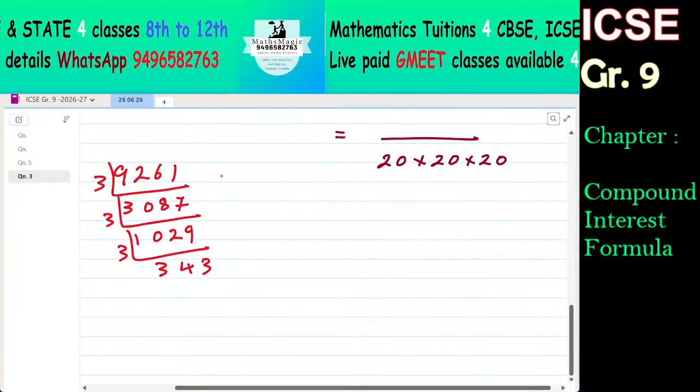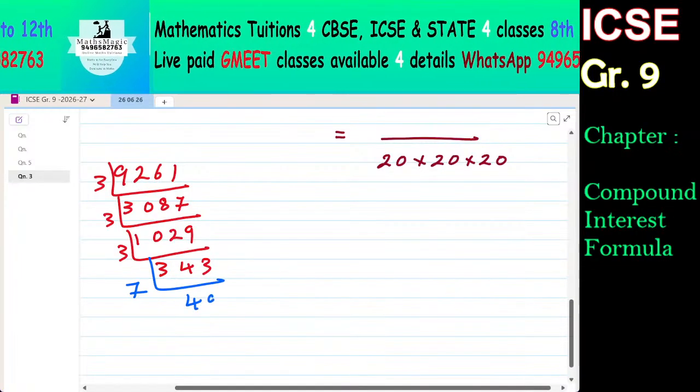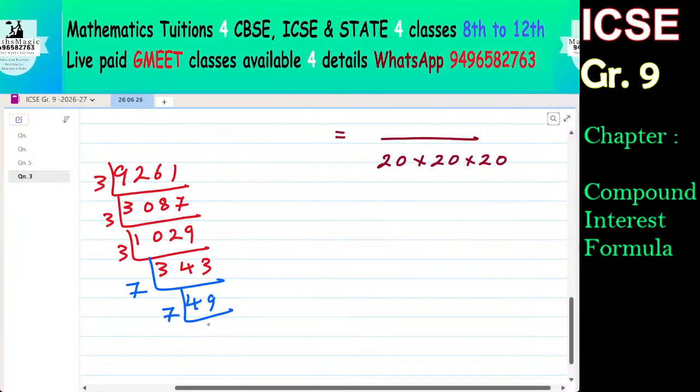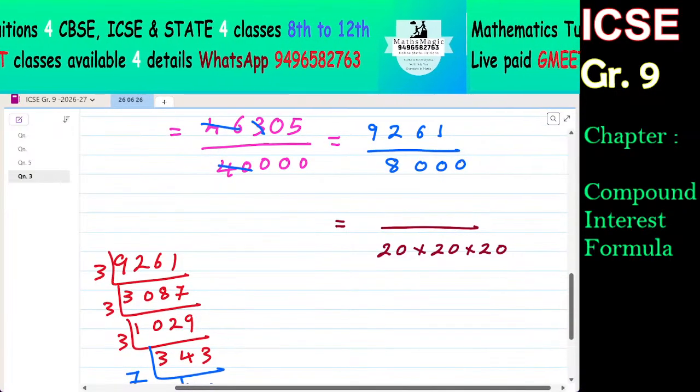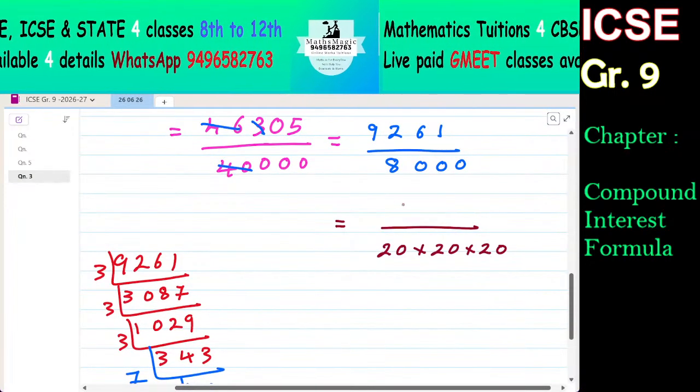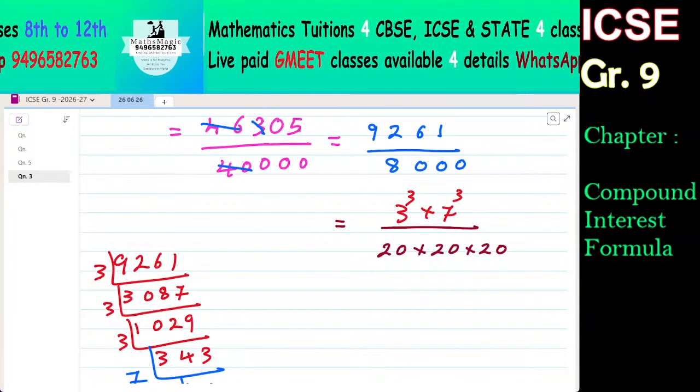And 343, as you all know, is 7 cube. I have asked you many times to learn this. So you can write it as 3 cube times 7 cube.